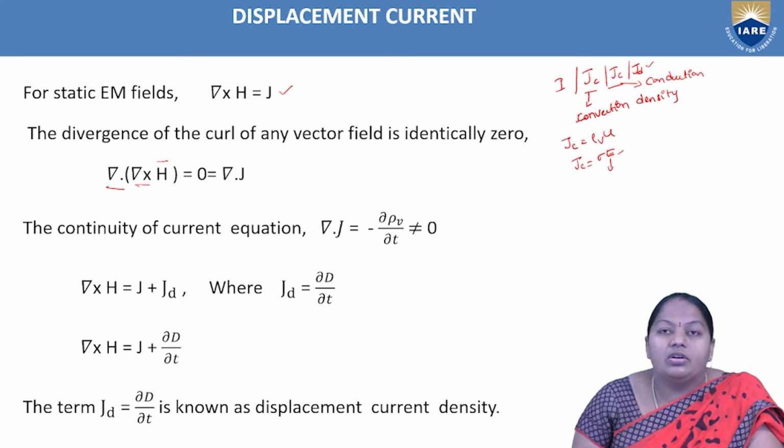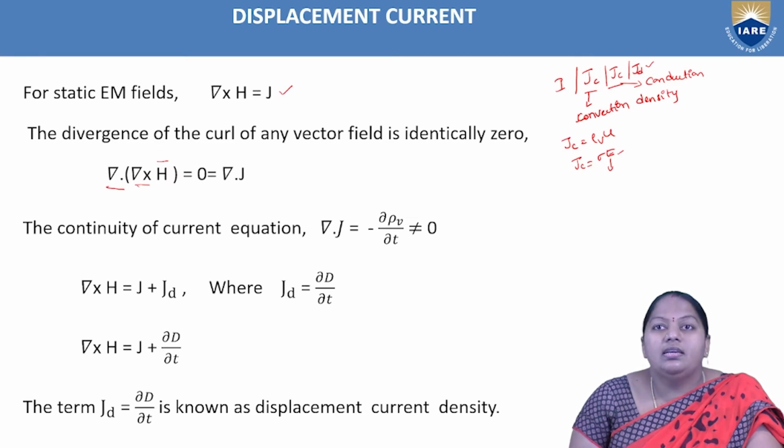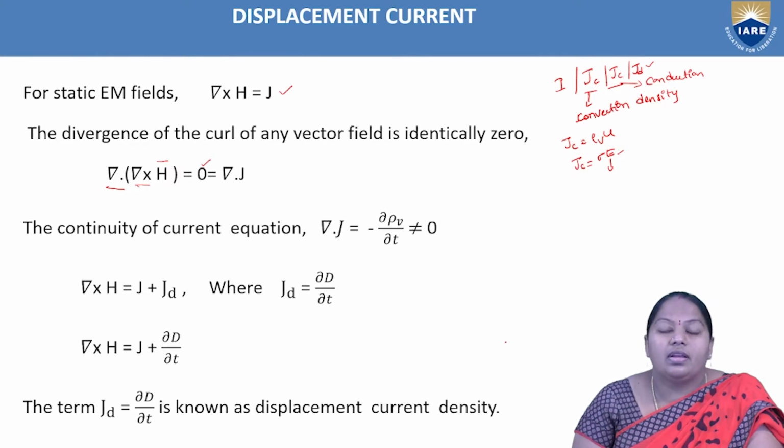Hence, del dot del cross H is the divergence of the curl of a vector field, which is identically 0 according to vector analysis.